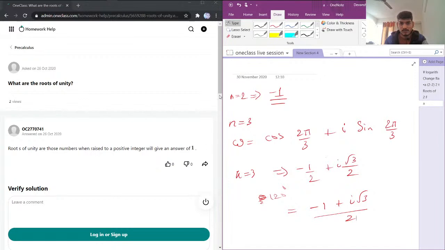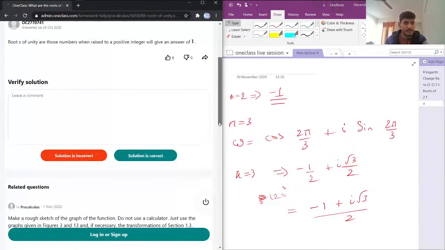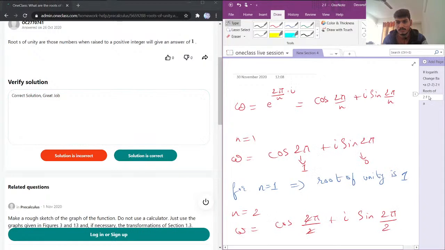So the solution given was correct. It was just not that much elaborated. Great job. I think that the n equal to 2 one was correct.